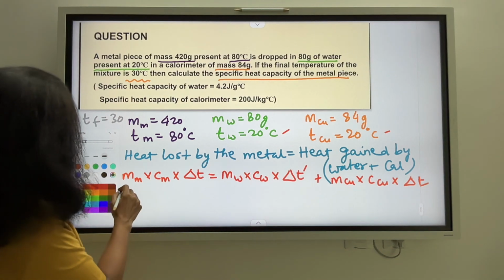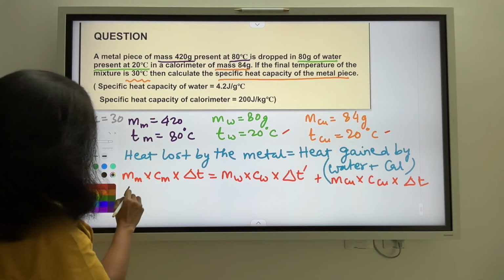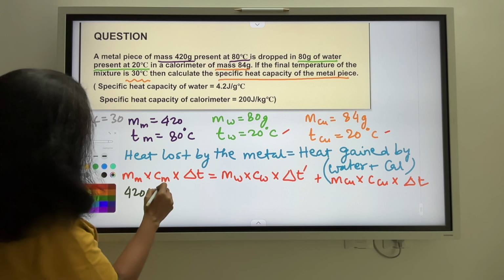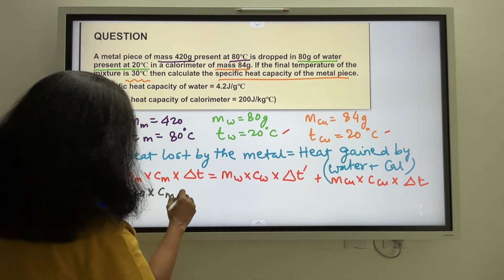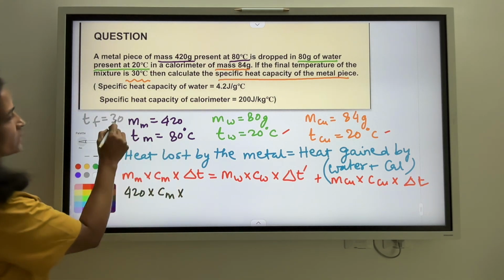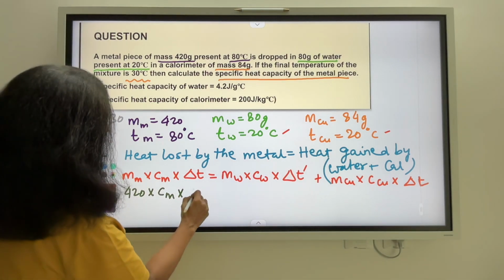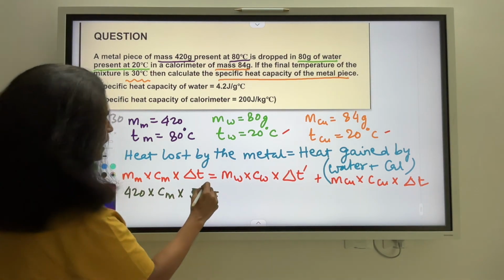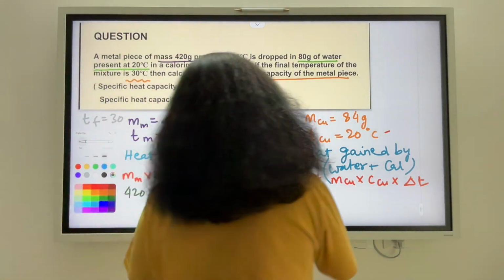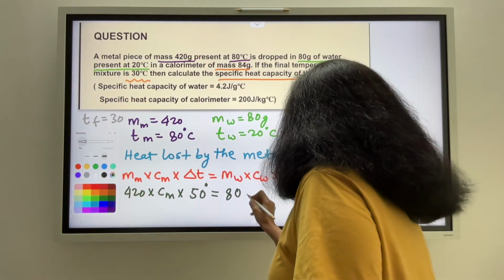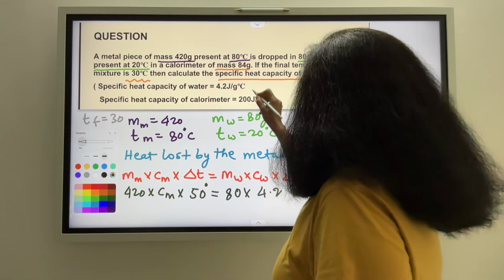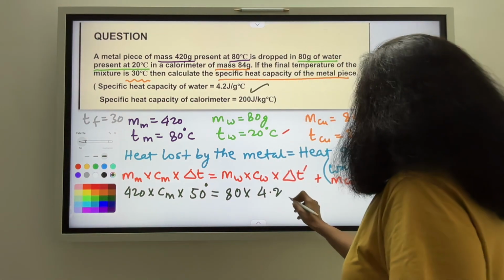Now the mass of the metal is 420. Specific heat capacity is to be found out. Del T is from 80 to 30, which is going to be 50 degrees centigrade. And what about the mass of water? The mass of water is 80 gram. Specific heat capacity 4.2. And what is the del T?